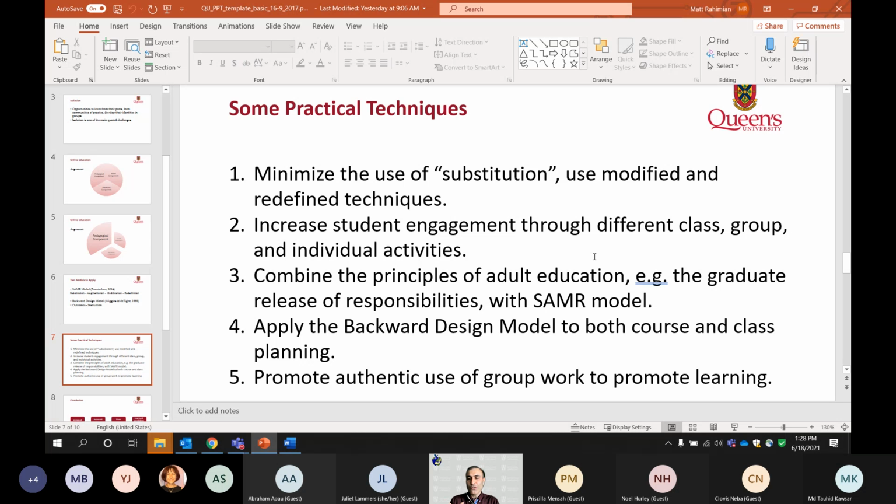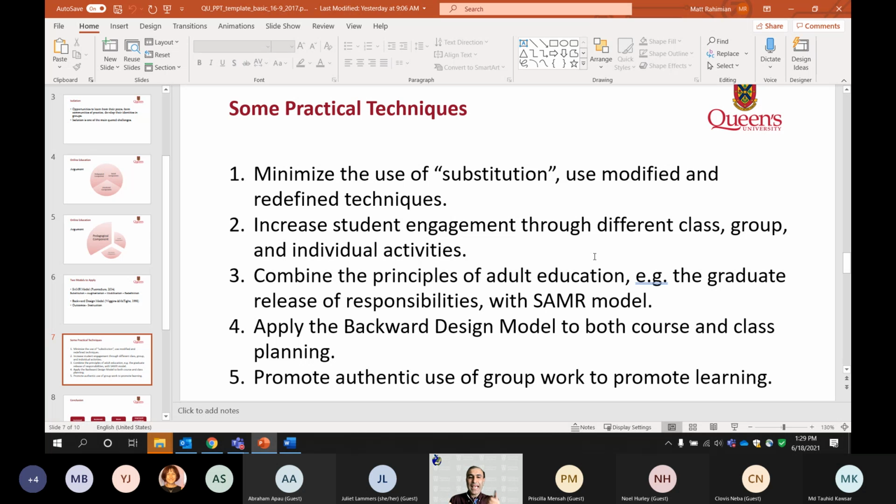Also, promoting authentic use of group work to promote learning. Students need to work in groups; however, that group work needs to be meaningful. Give them tips, support them, and scaffold their learning in such a way that they can build some kind of mini community with their teammates.